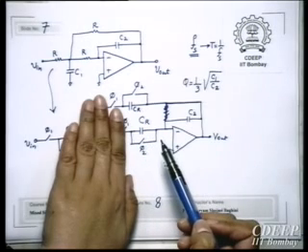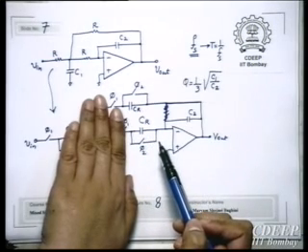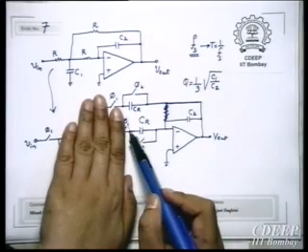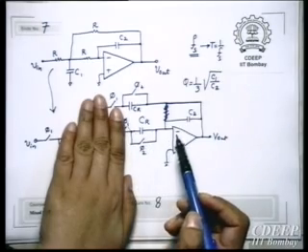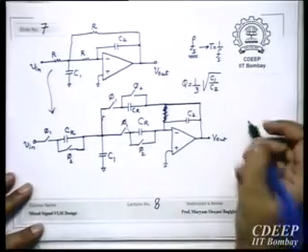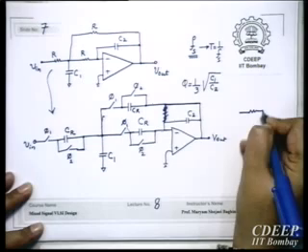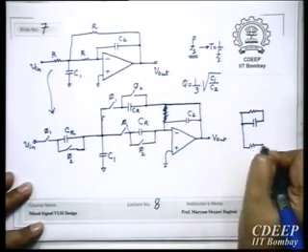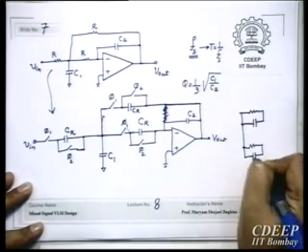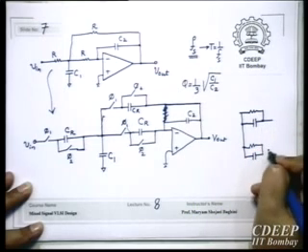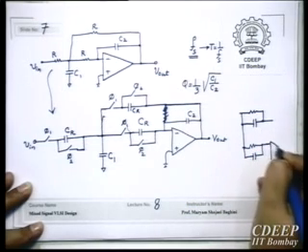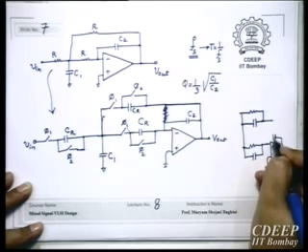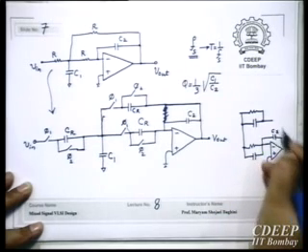Of course, this is a short circuit, but practically you have a resistor here. Let's see, it will be like this, and then this goes to the op-amp. You have C2 and this is the output.